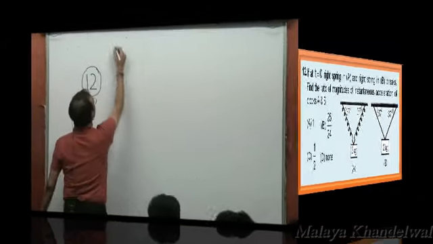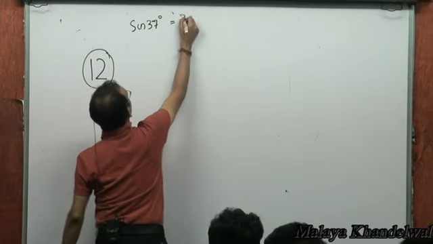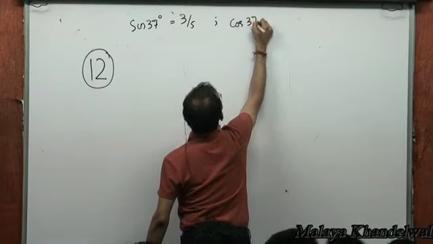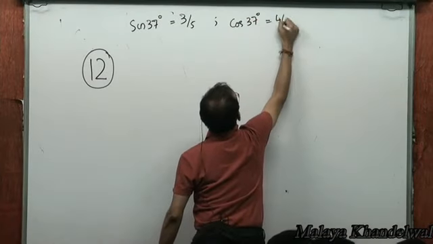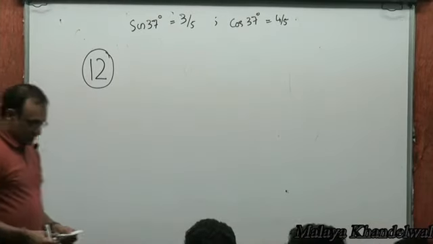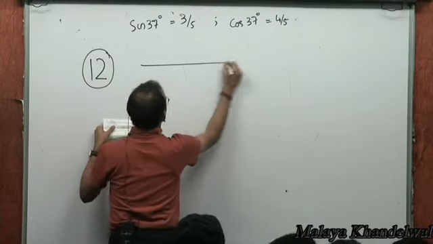And by the way, sine 37 henceforth, you should remember 3 by 5, cos 37, 4 by 5. These are almost like standard values. You must remember these. Now, number 12, there are two situations.